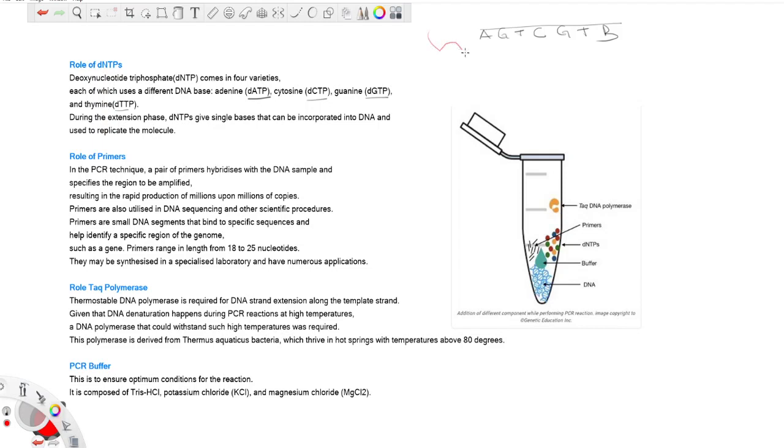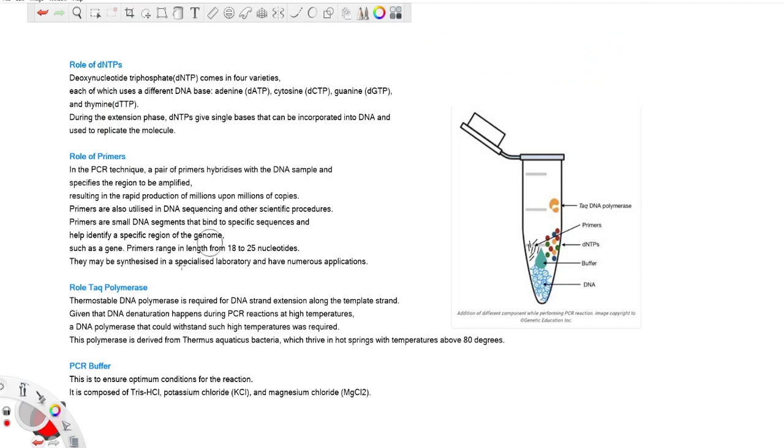So what is going to happen is that your polymerase is going to go and fetch dTTP and add it here, and dCTP and dATP and dGTP and dCTP, as well as dATP here. Don't mind this B here. So that's why these deoxynucleoside triphosphates are really important, and during an extension phase they are going to allow us to incorporate, or to elongate, the chain that we are working with.